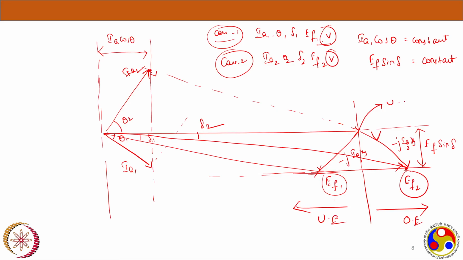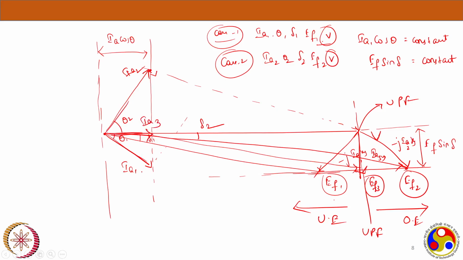Same thing, this is the IA3 with the excitation drop, so that I will have this EF3 at unity power factor. So this will be my IA3. IA3 would be the minimum length, and above that and below that the armature current increases.